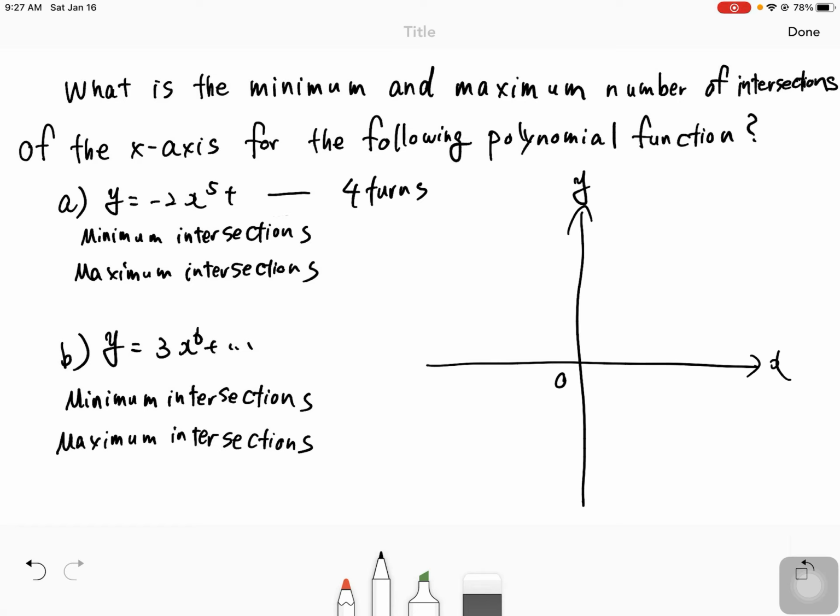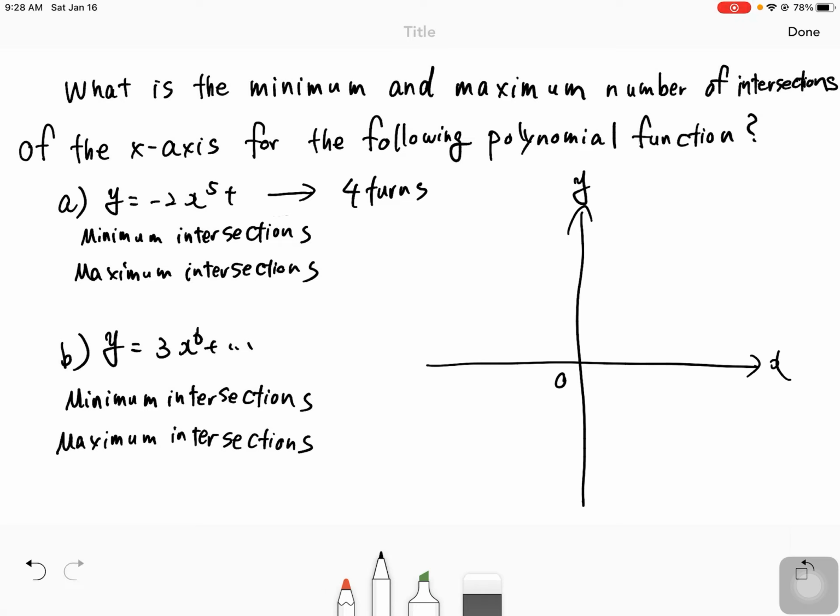Okay? 4 turns means if it starts from the top, 1, 2, 3, 4, like this. Then like I said, the graph can be transformed, it can move, so it can be like this, or it can start from here to 1, 2, 3, 4, like this. But anyway, you have to find how many intersections of the x-axis the graph could have.